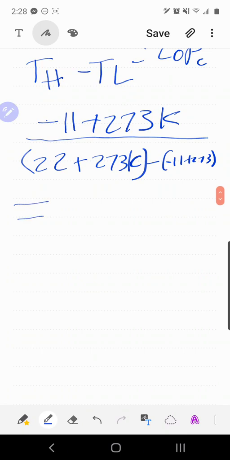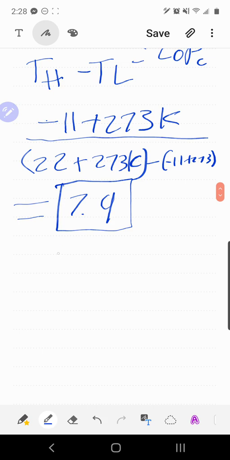What do we get as a result of this? A coefficient of performance of around 7.9. Now, where does that put us? Answer choice D. Do note it's not necessary to change the temperature to Kelvin, though it is a good habit to have, since some of these problems will require you to work in Kelvin, and knowing how to do that is a benefit.